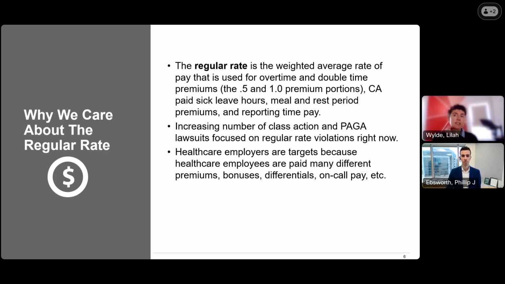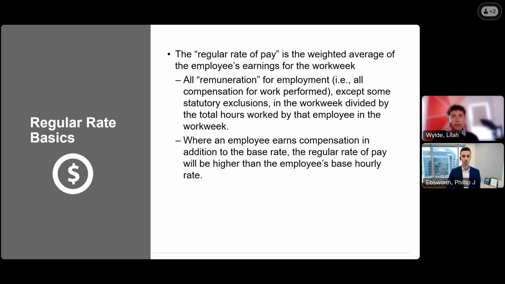So going on to the next slide, what is the regular rate? The regular rate is the weighted average rate of pay of all forms of pay for work performed by a non-exempt employee in the work week. It's a pretty loaded sentence. We'll break it down today, but basically it's nearly all forms of pay that are in exchange for work performed.